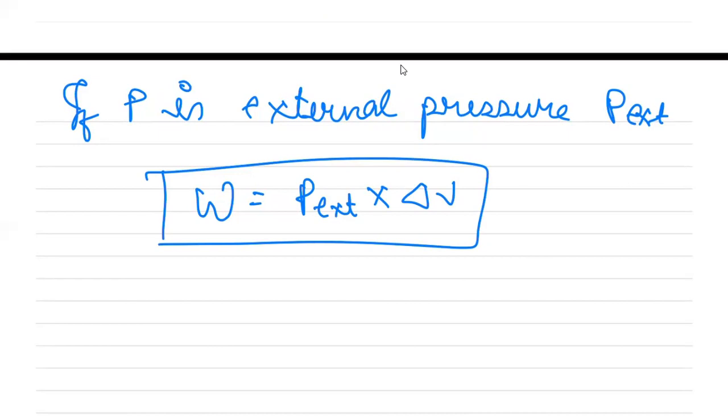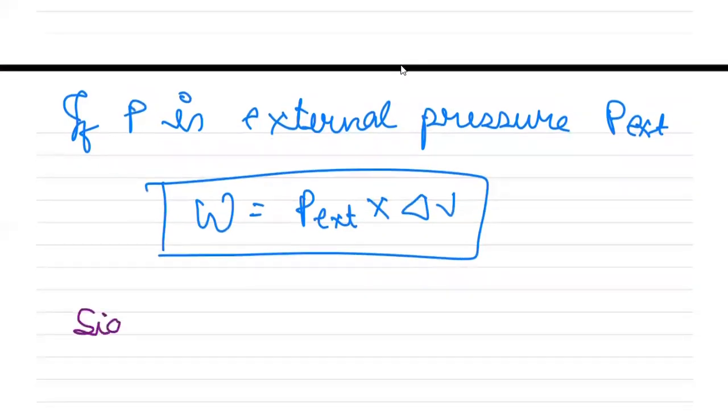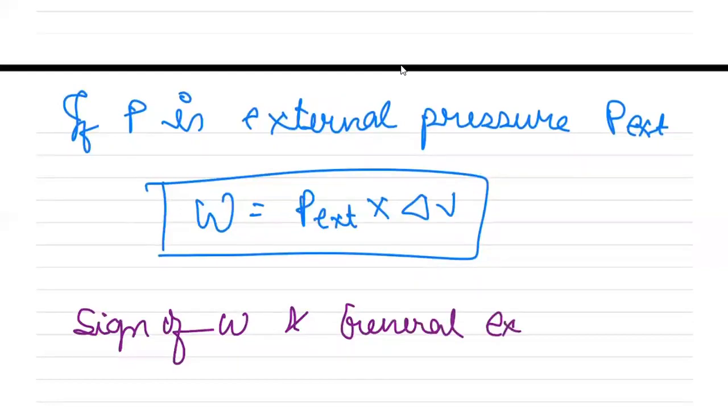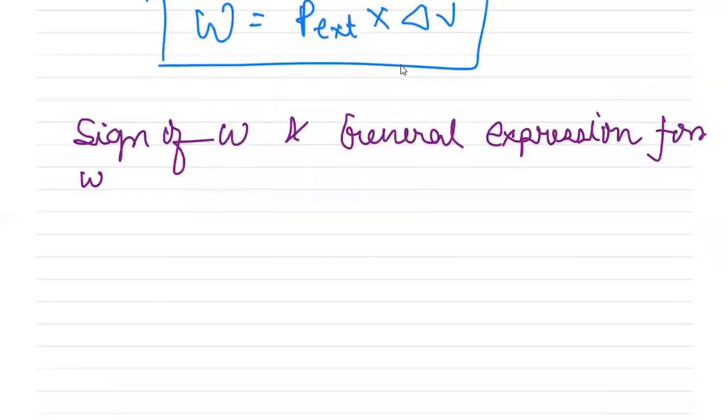Now, sign of W and general expression for W. W becomes positive if work is done on the system.